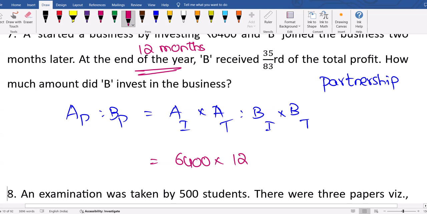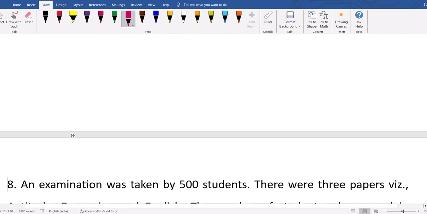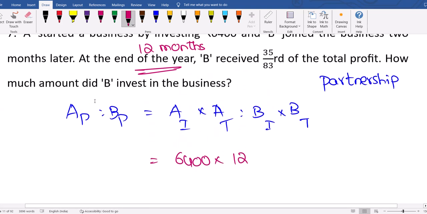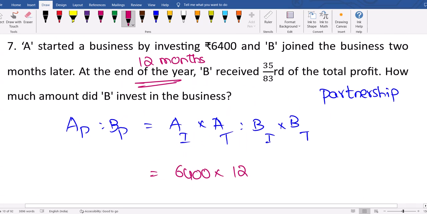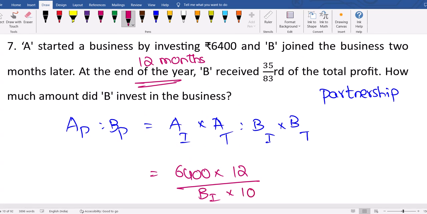Whereas B's investment, we have to calculate, but B joined 2 months later. So B's investment we don't know, but B's timing is 10 months.